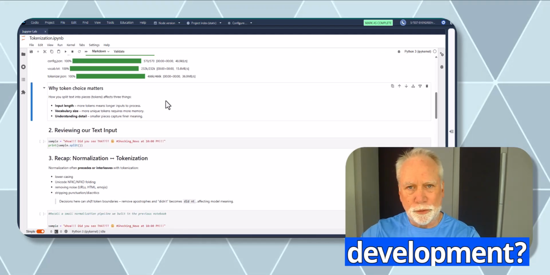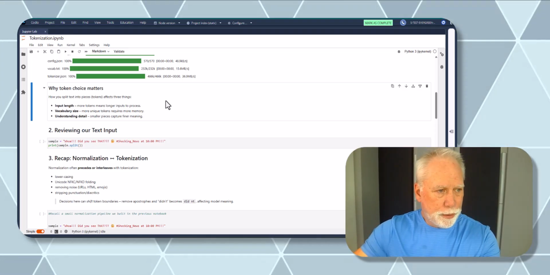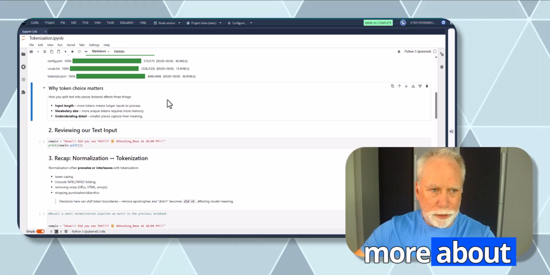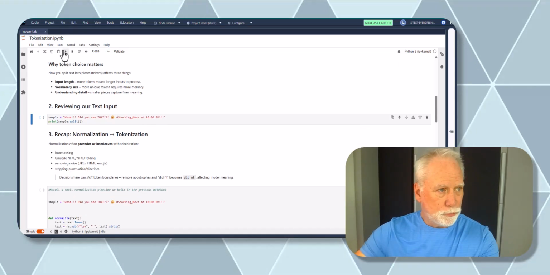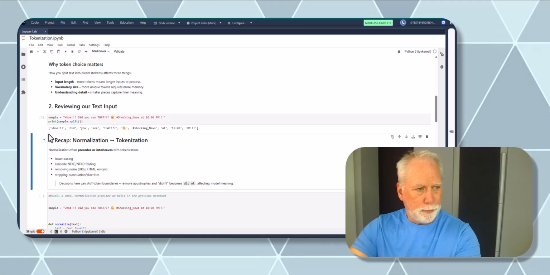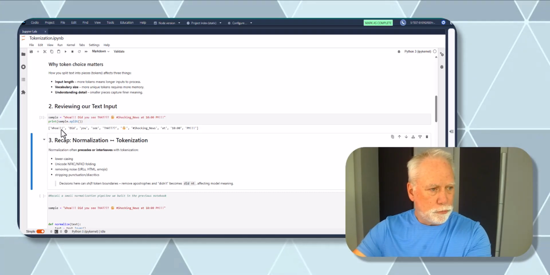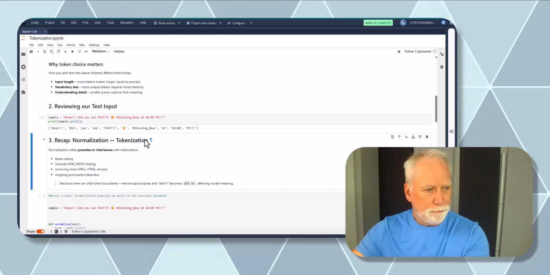All right, so why does your token choice matter? The input length, and it's really more about understanding the details. So let's take a sample here, just split by word or by whitespace, and we're going to separate this out.